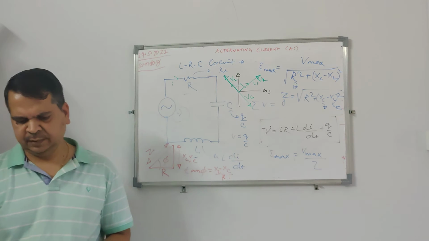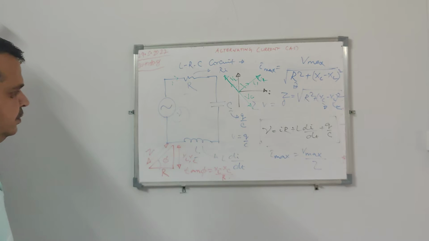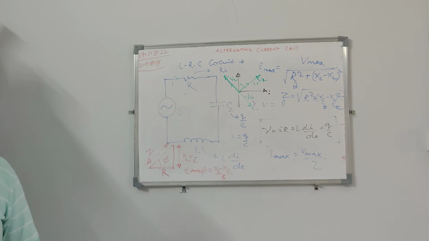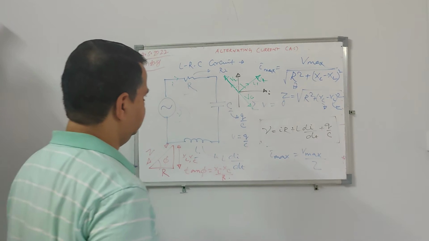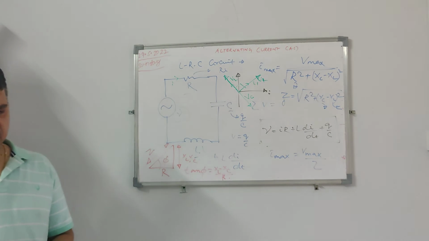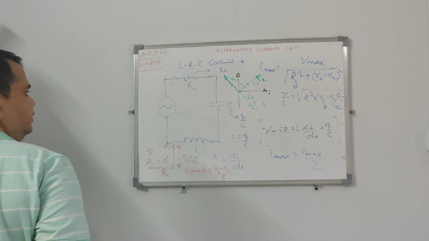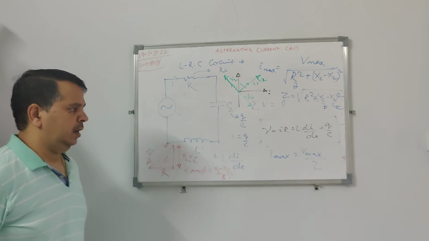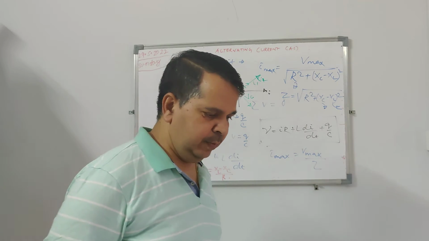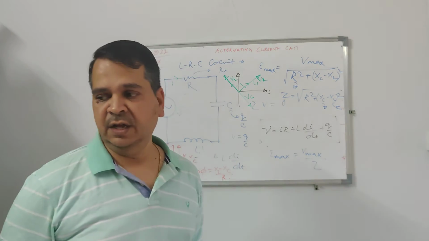So you can take a picture of this. Then you will go to resonance, which is an important thing. What is the principle of resonance in an LRC circuit? What do you mean by resonance in an LRC circuit?